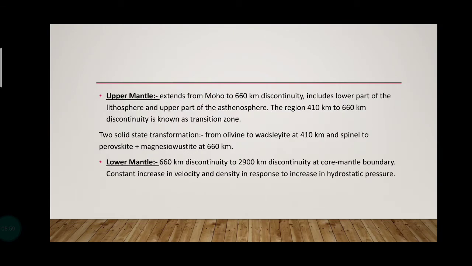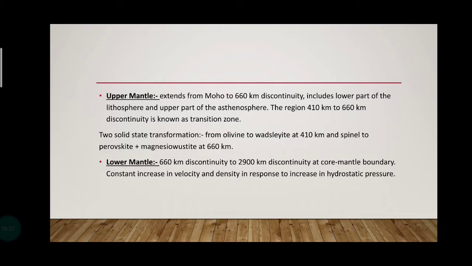So what is the upper mantle? It extends from the Moho, the Mohorovicic discontinuity, to the 660 km discontinuity, and includes the lower part of the lithosphere and the upper part of the asthenosphere. The region from 410 km to 660 km is known as the transition zone.